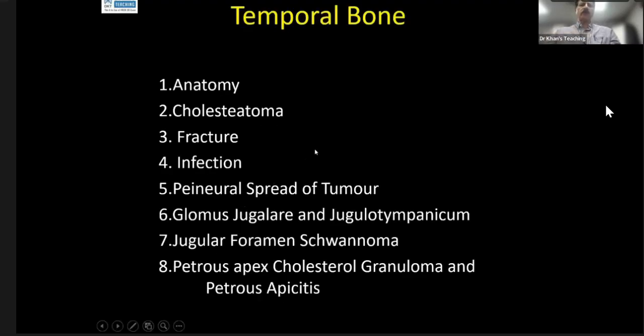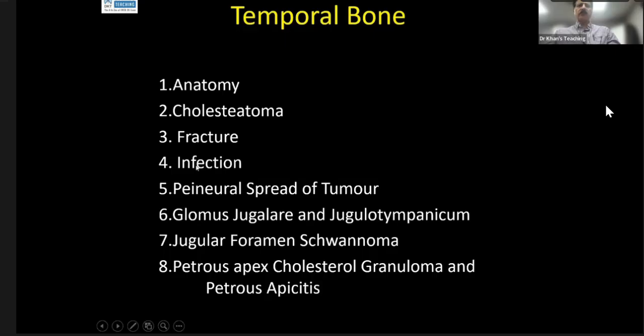So what we are going to cover today is anatomy. Most of the session is going to be anatomy. Then pathology-wise, these are classical exam cases, and as I've told you, we will confine ourselves to FRCR level. Then cholesteatoma, an extremely important subject.